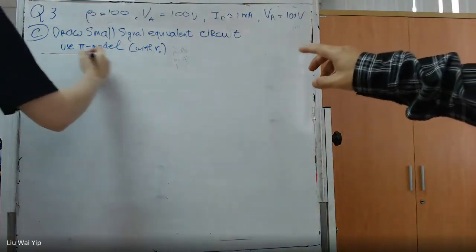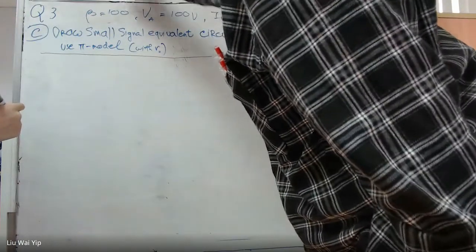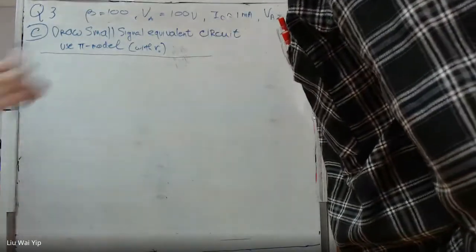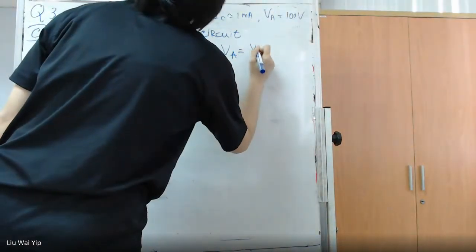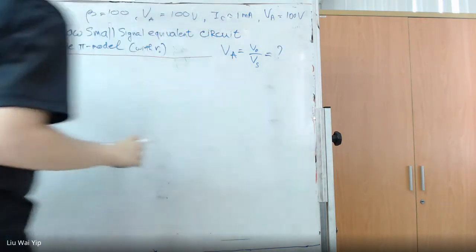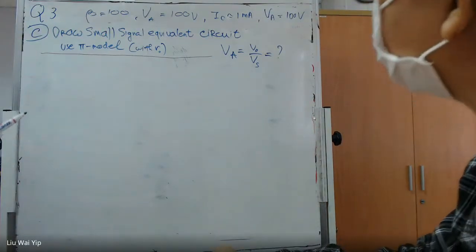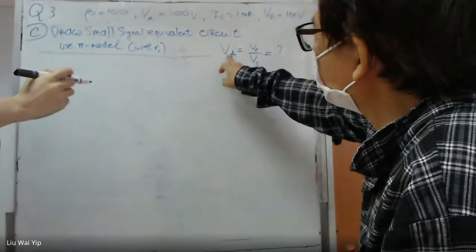Now, first of all, we just substitute the transistor with the pi model. So I draw first, right? AV, sorry, not VA.